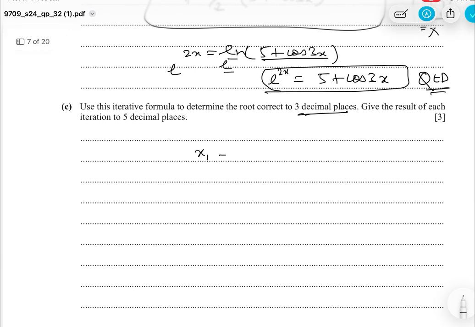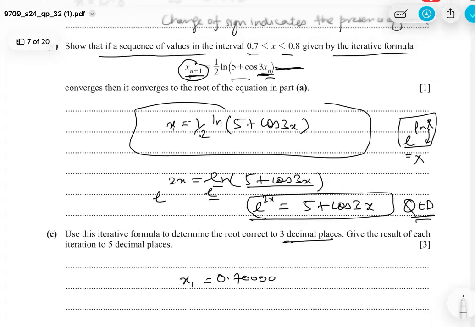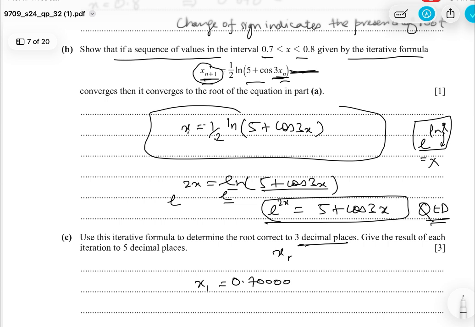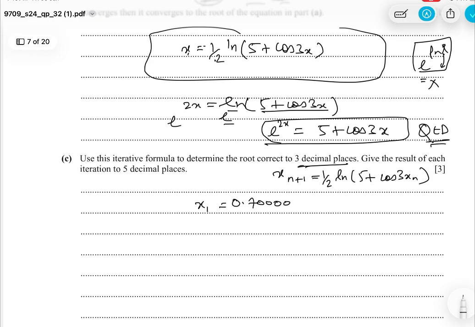So we'll put x1 as 0.70000. I'm writing the formula over here: xn plus 1 equals half ln of 5 plus cos 3xn. Put these values and check the answer. x2 is 0.75150, x3 is 0.